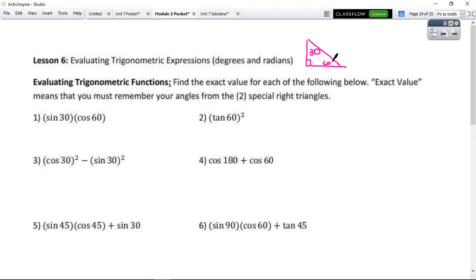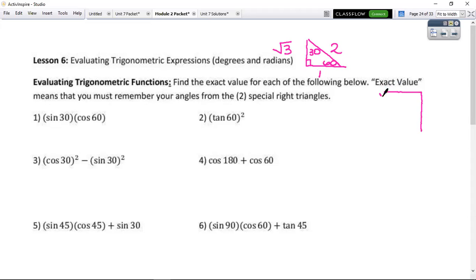You guys remember what goes across from the 30? 1. How about the hypotenuse? 2. And the other leg is? Very good. Square root of 3. Good. So we're going to need that one. And you're going to need the 45, 45, 90. I'll do that one over here, just so I don't have to reach up as high.